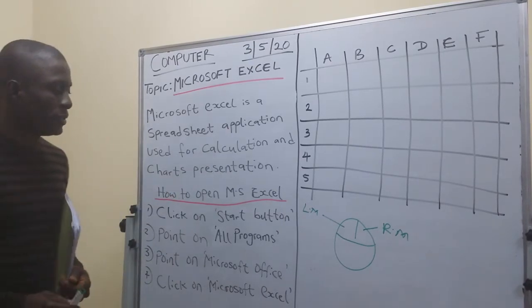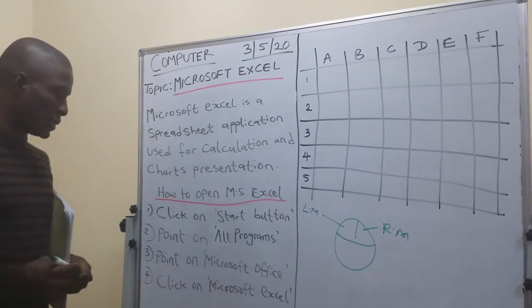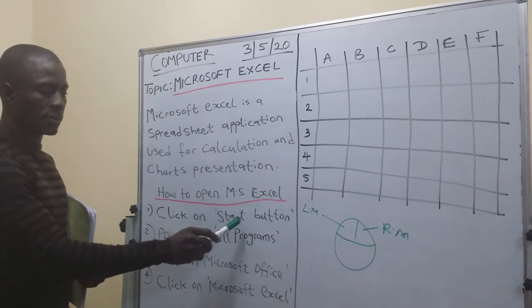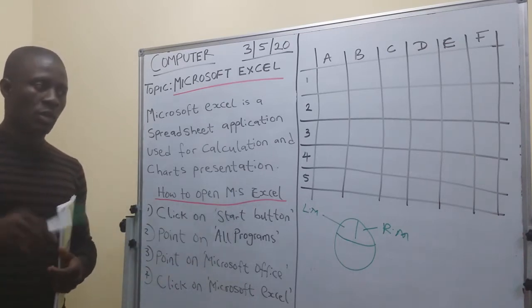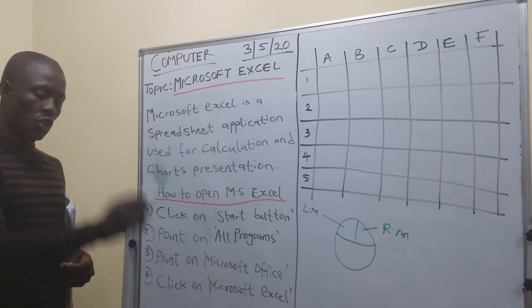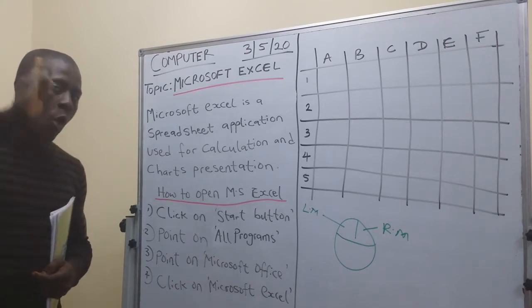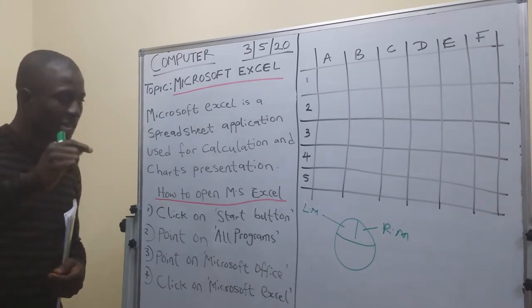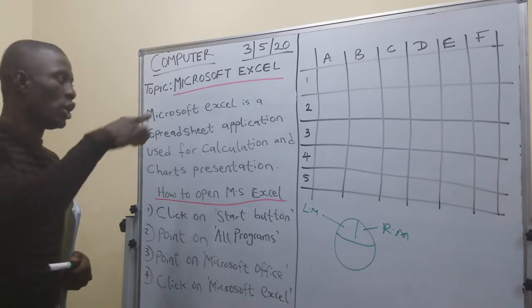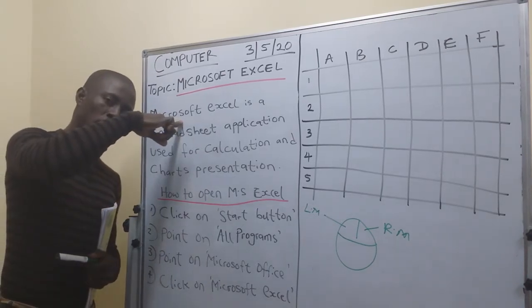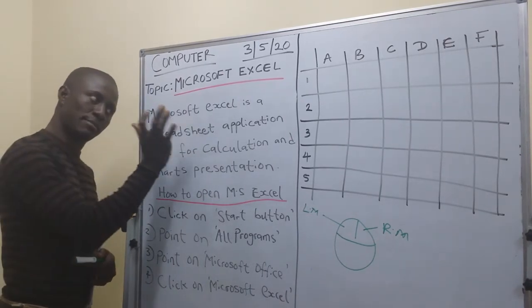How to open Microsoft Excel on your computer? Click on the Start button. You move your arrow to the Start button and click once. Don't double click. Don't press it like your doorbell. You tap it.